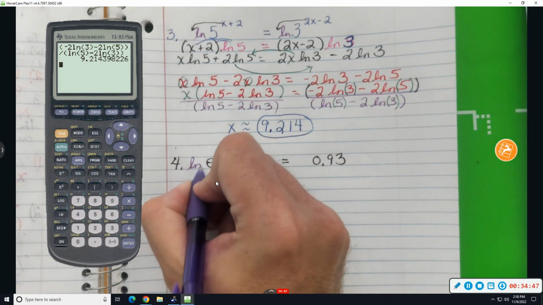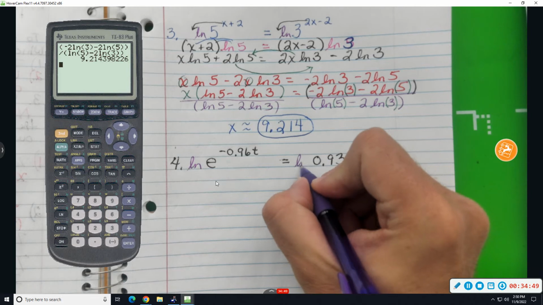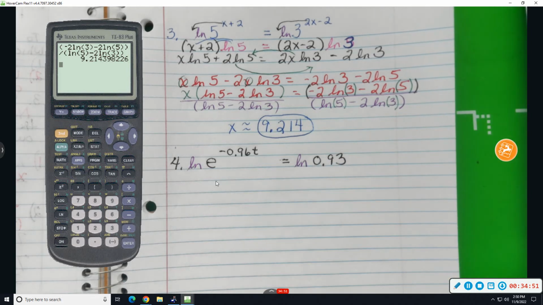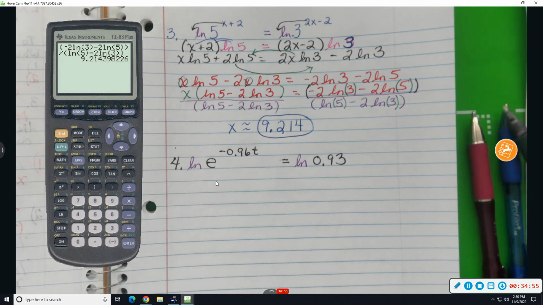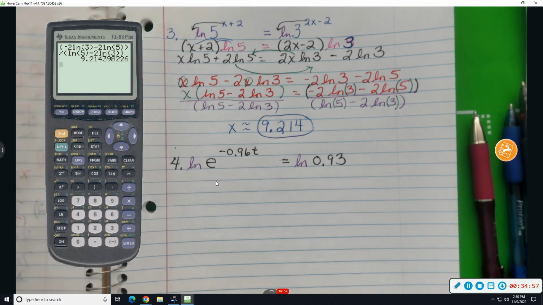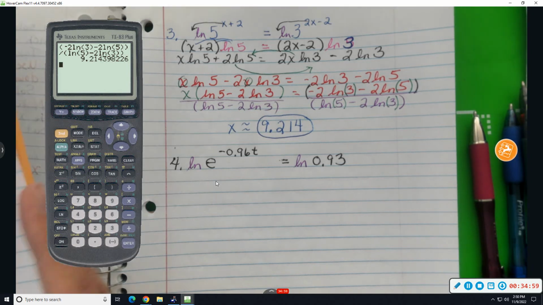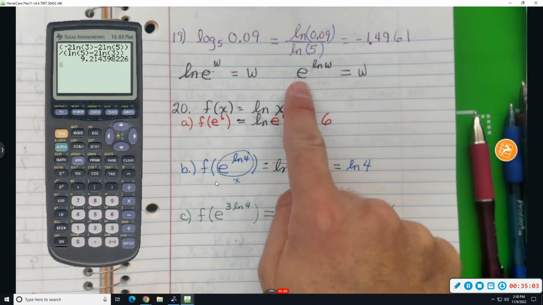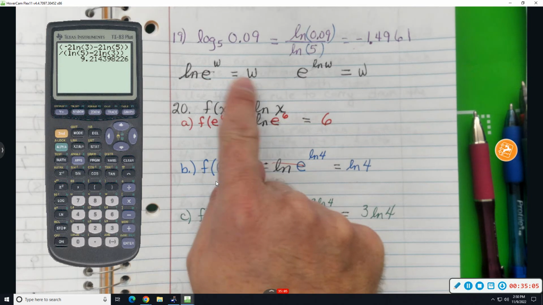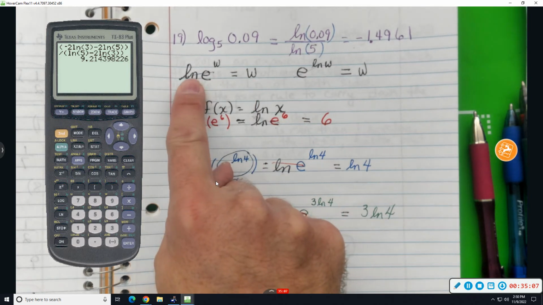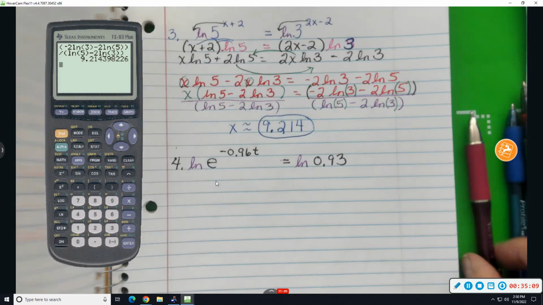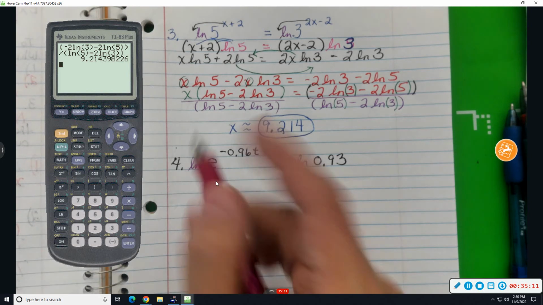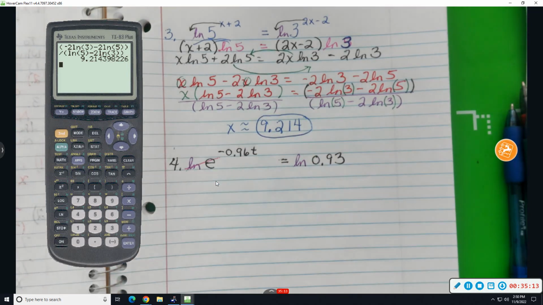ln in front of each side, if you remember a rule that we had at the end of class last time, on that assignment over logarithms, what happens to e and ln when they're side by side? If you have an ln and an e, like right here, they cancel out.